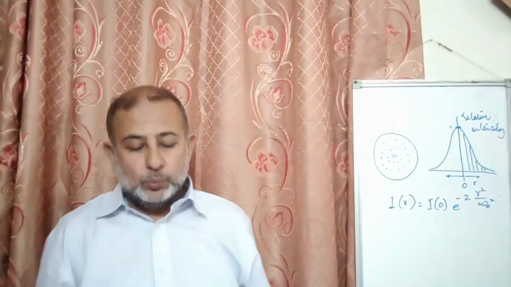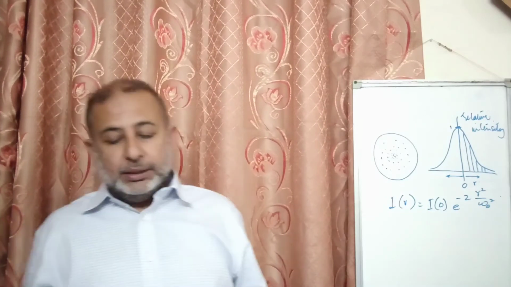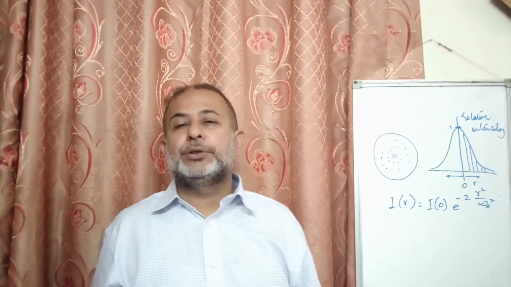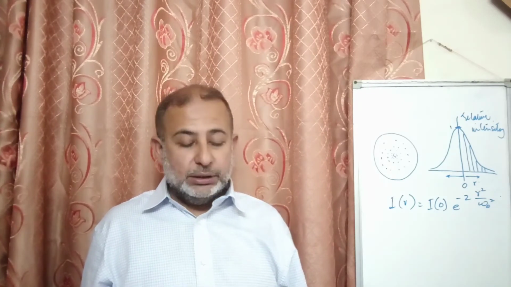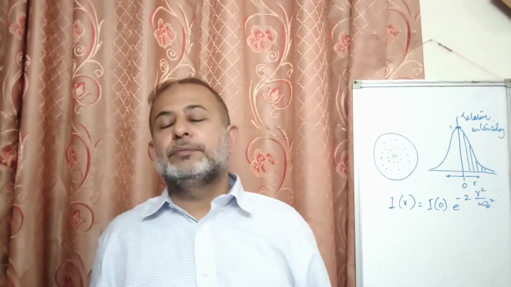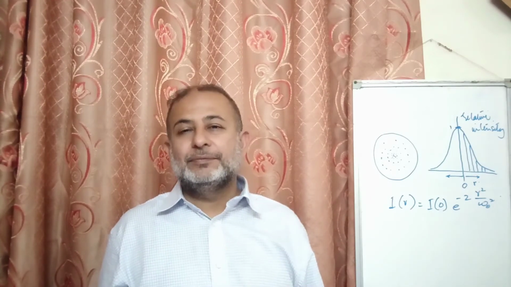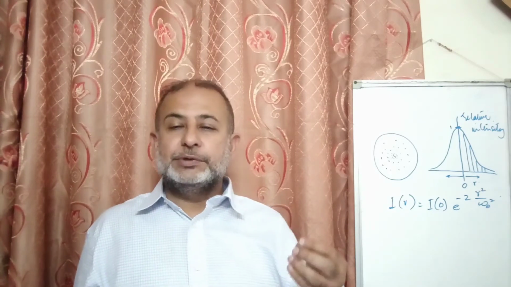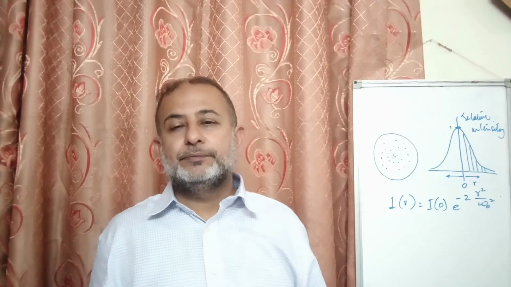Now let's see what the cutoff wavelength is. It is the shortest wavelength at which a fiber can support single mode operation. As we increase the frequency or decrease the wavelength, single mode operation becomes more and more difficult.